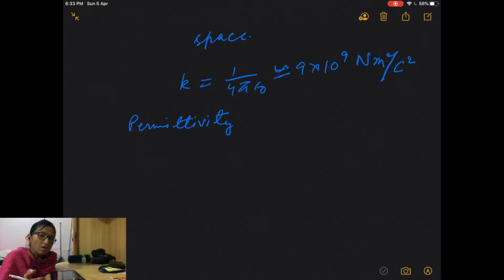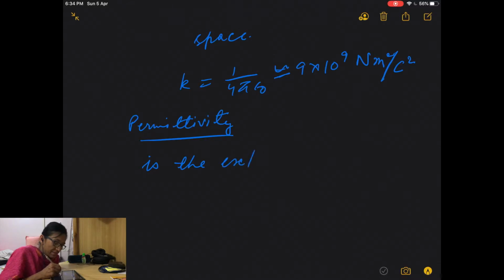All media do not allow the charge to apply force equally, and the extent up to which any medium allows any charge to apply force by creating electric field lines is called permittivity.